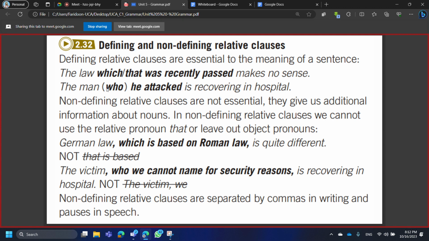As you can see in here, it is the object, who he attacked, because he is the actual subject, so who becomes the object. When we had these kinds of conditions, we could have just left out the object pronoun. But in non-defining clauses, we cannot do that. So remember it. Two things we cannot do: we cannot use that as the relative pronoun, and we cannot leave out object pronouns in non-defining clauses.